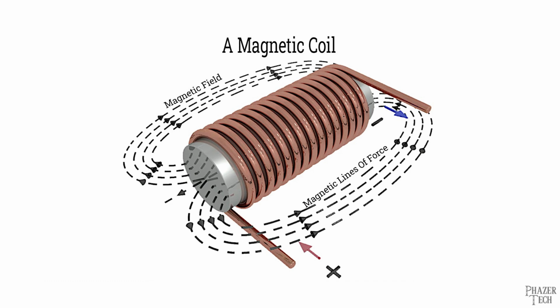So, as I talked about in a previous video, coils create a magnetic field. When something that has a coil is being powered and then the power turns off, that magnetic field will collapse around the coil and it will send a current through the circuit.